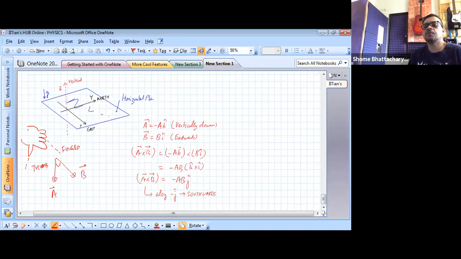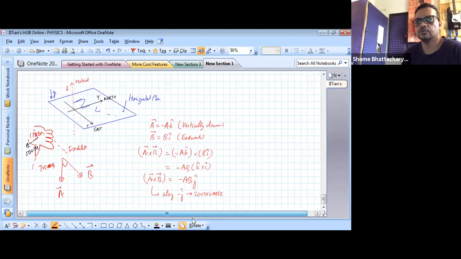You see that your palm is facing this way, just like this. So this will be your direction of south. Exactly, Nikita. We can also use the right hand palm rule.